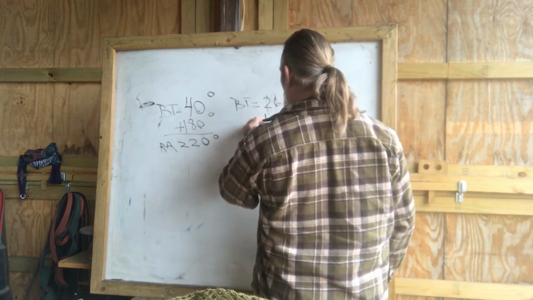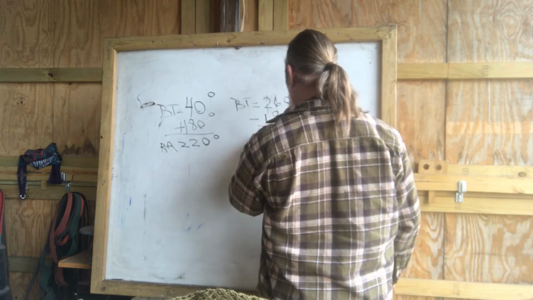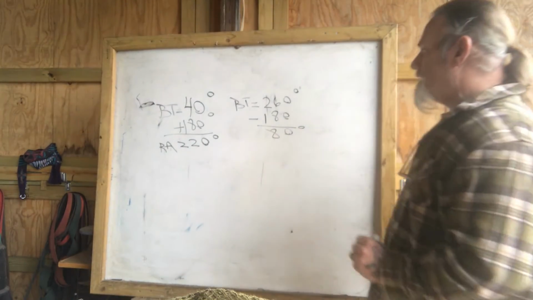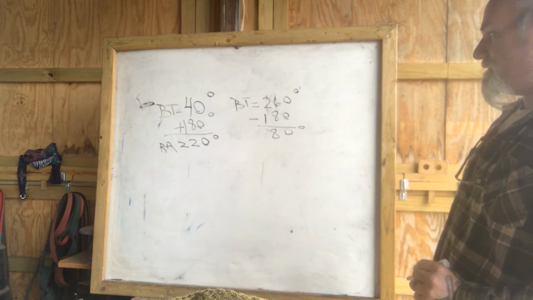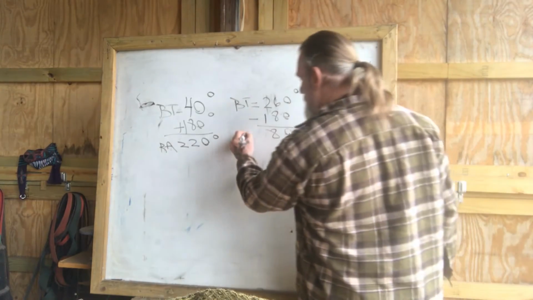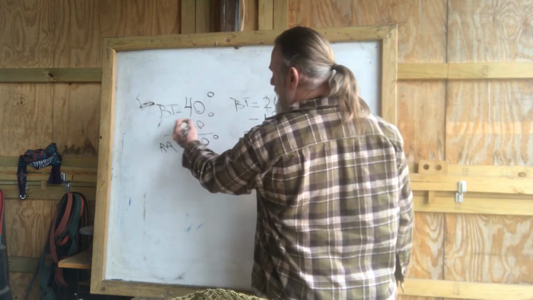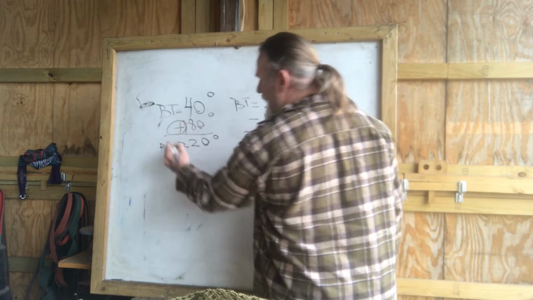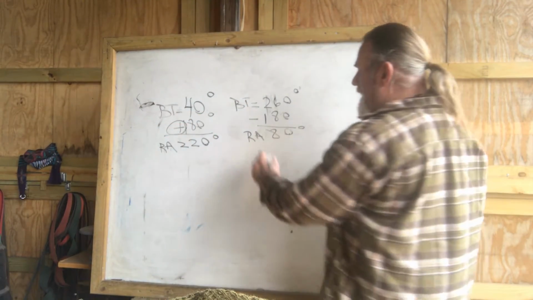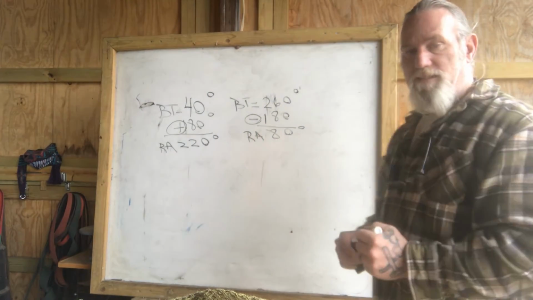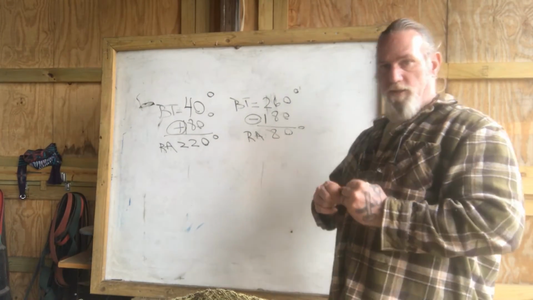Now we want to subtract 180 degrees from this, and 80 degrees is going to be our reverse azimuth. So if we are traveling on a bearing that is less than 180 degrees, we add 180. If we're traveling on a bearing that's over 180 degrees, we subtract 180. That's the mathematical formula to figure your reverse azimuth.